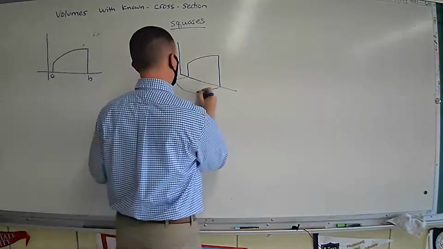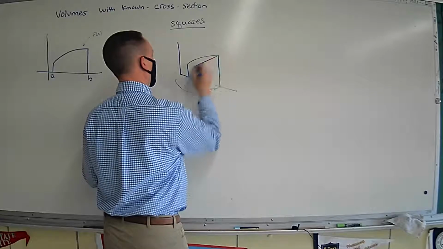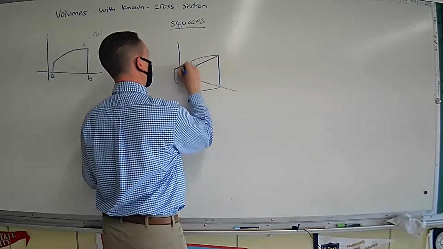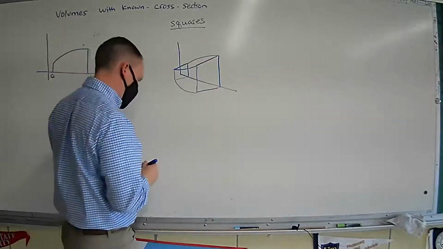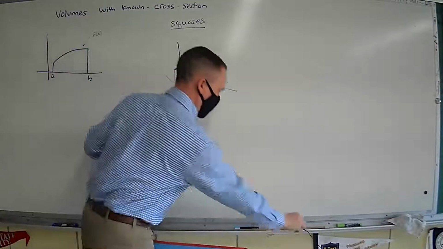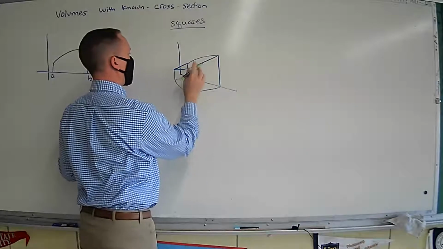So now when we say the cross sections are squares, they're going to look something like this. So do you see there?